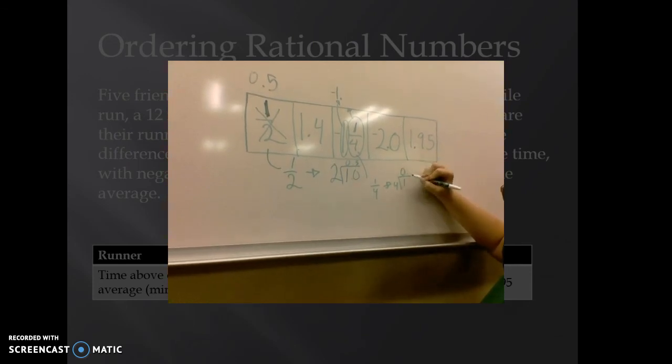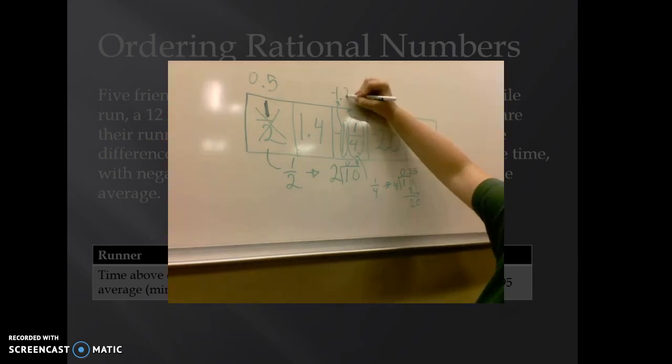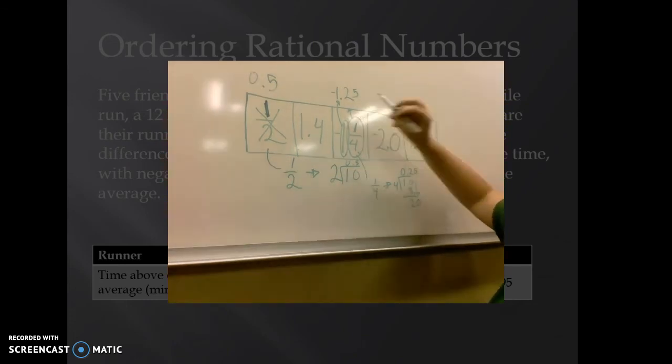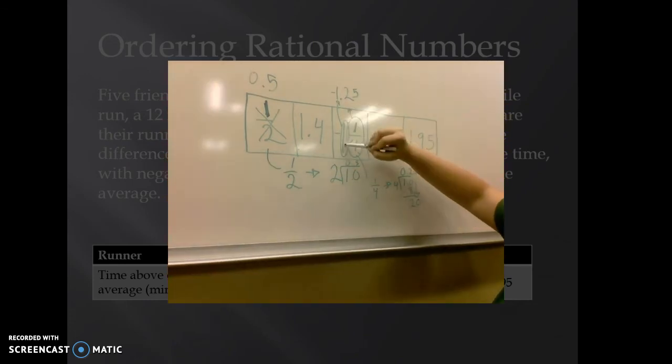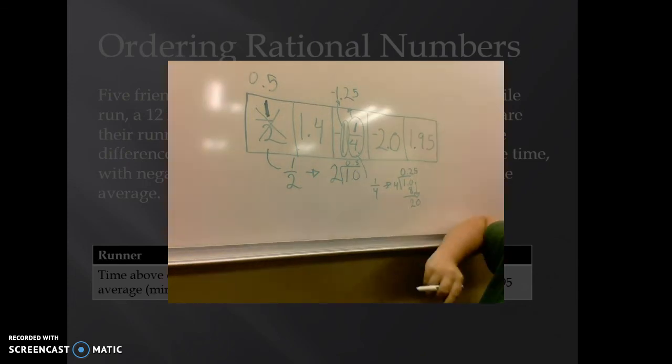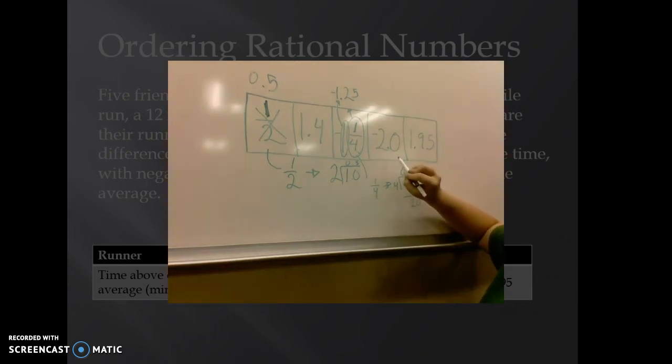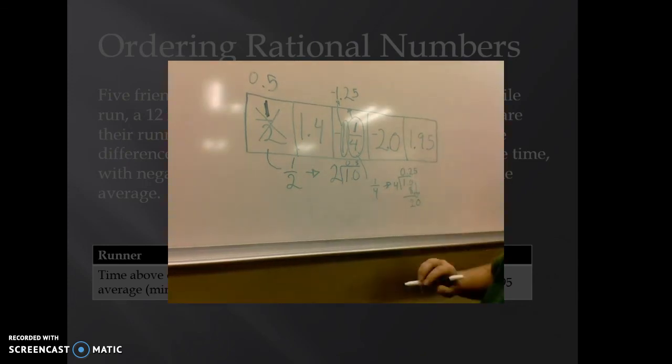So we're going to have 0 here. Bring down the 0. 4 into 10 is 2, which is 8, which gives us 2 down here. 4 into 20 is 5, so that's 0.25. But it's 1 1/4, so that's negative 1.25. This is negative 2, and this is negative 1.95.